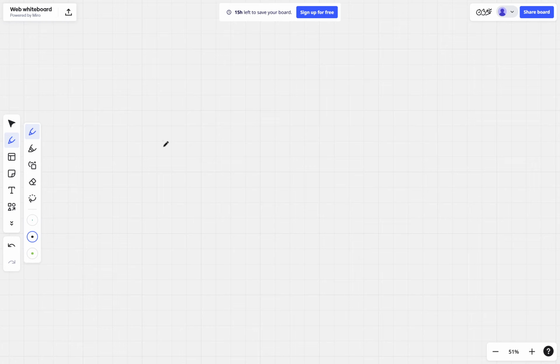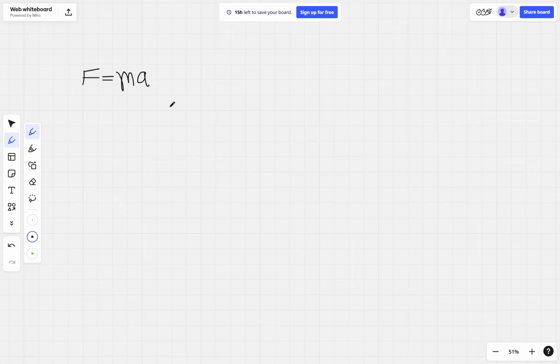So first of all, let's start with the basics. From Newton's law of motion, we know that F is equal to ma. So force equals mass multiplied by acceleration.